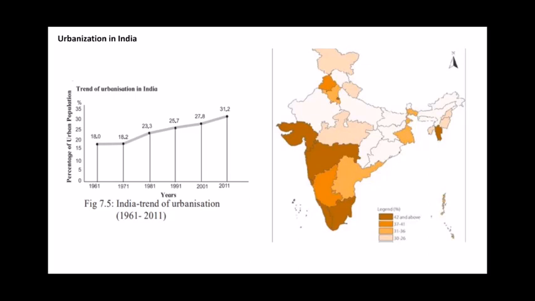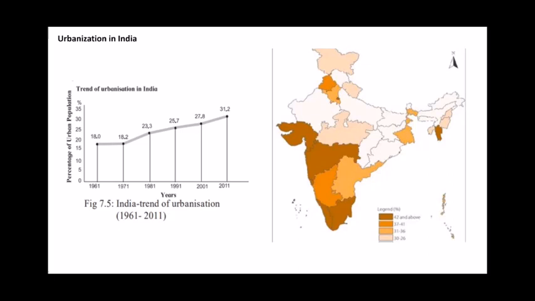This graph shows the level of urbanization that took place from 1961 to 2011. In 1961 the level of urbanization in India was very low. It was just 18.0%.